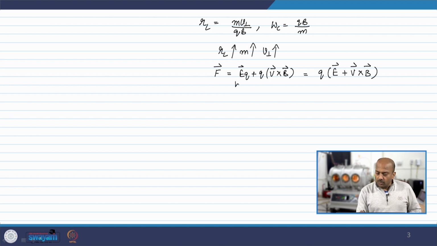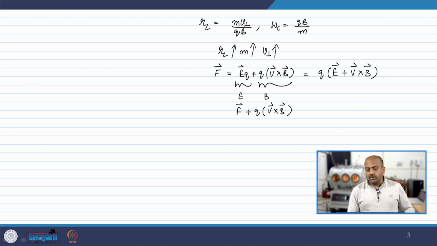So, this is the force due to the electric field and this is the force due to the magnetic field, right. Let us say you have a situation in which the particle is experiencing a force that can be of any type, okay. Let us say this is the force and it is also in the presence of a magnetic field, then we can write it like this.